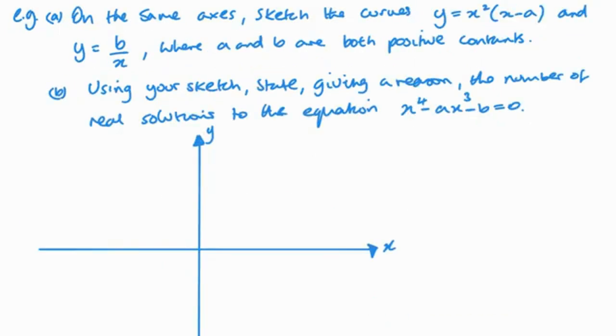Okay, so in this one, you can see in both of my graphs here, we've got an unknown value, a in this first one and b in the second one. Now, both of these are positive constants, and that's quite important. It enables us to give a sketch of these diagrams. So I'm going to start with the y equals b over x.